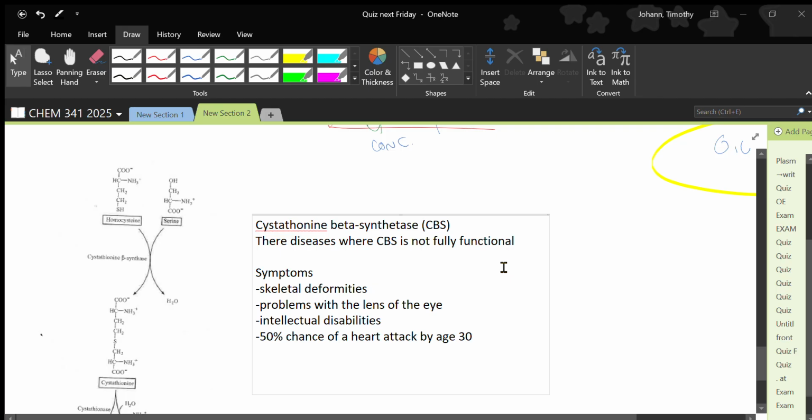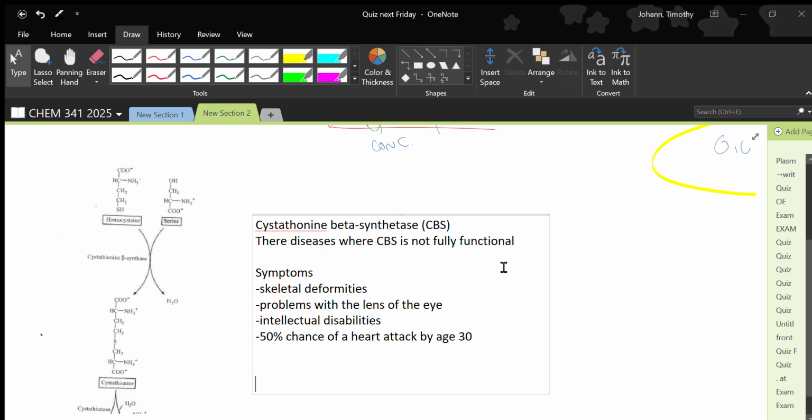So you've got this disease, and you're not processing homocysteine correctly, and so you have a very large set of really bad outcomes as a result.